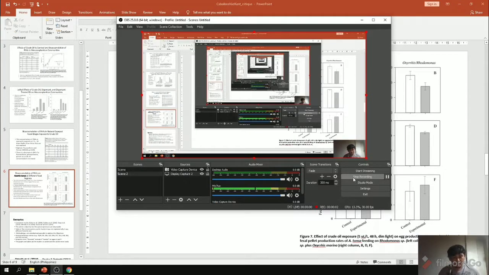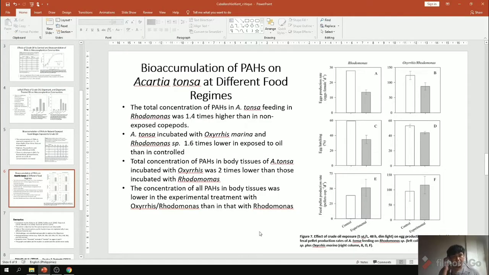Okay, as I was telling earlier, the mesozooplanktons eat those smaller zooplanktons, and the smaller zooplanktons eat phytoplanktons.